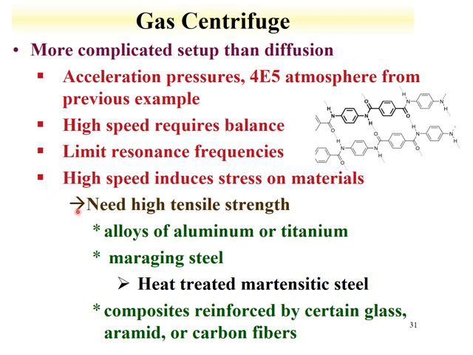And these high speeds induce stresses on the materials that weren't necessarily found in the gaseous diffusion system. So again, alloys of aluminum or titanium and certain composites are also explored and used in the gas centrifuge system. And some of these composites can include non-metallic features.